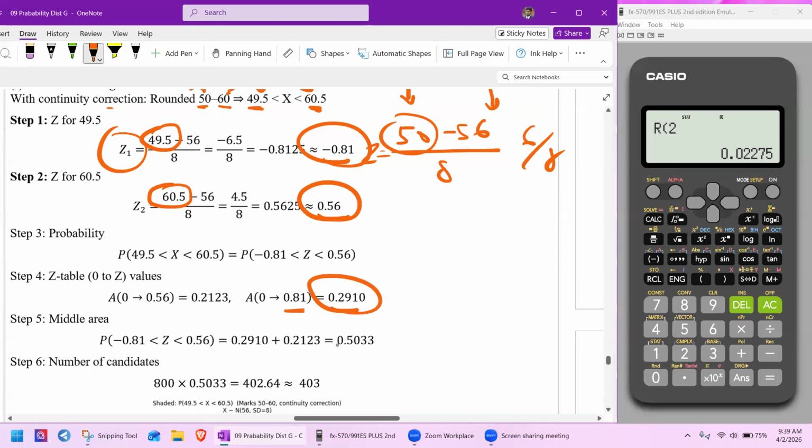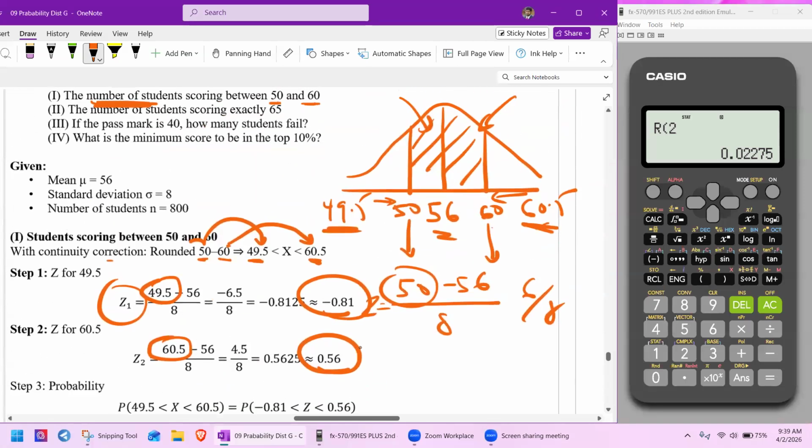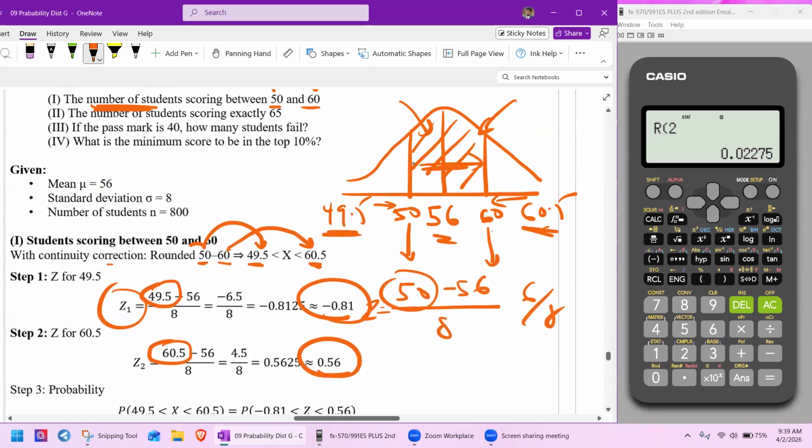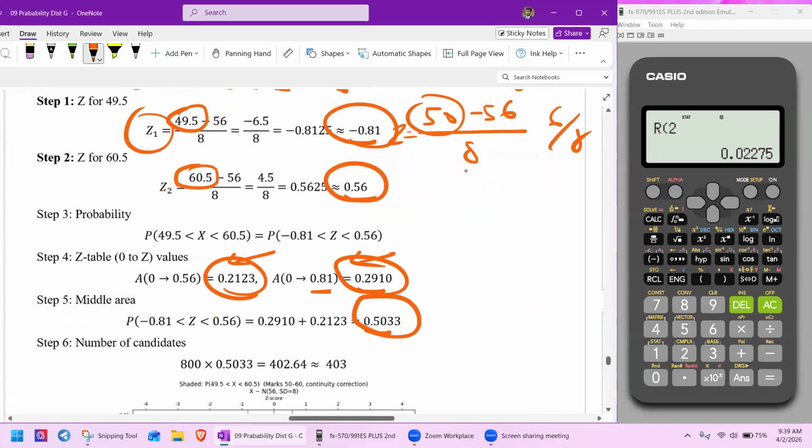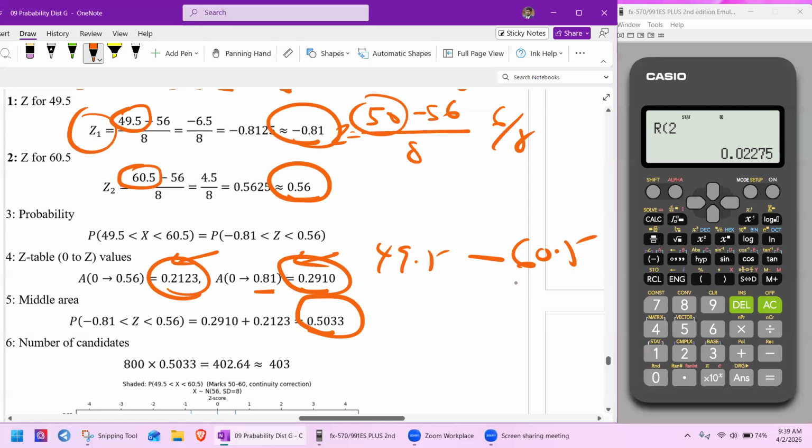This is the right side, this is the left side, and the total area here is 50.33. The question is to find the number of students getting marks between 49.5 and 60.5.